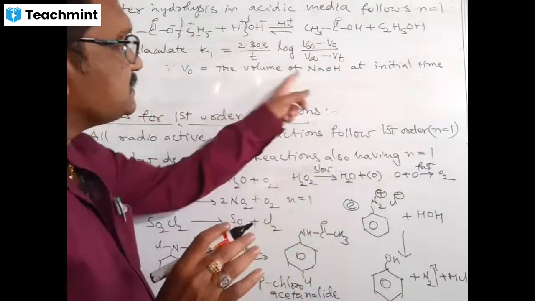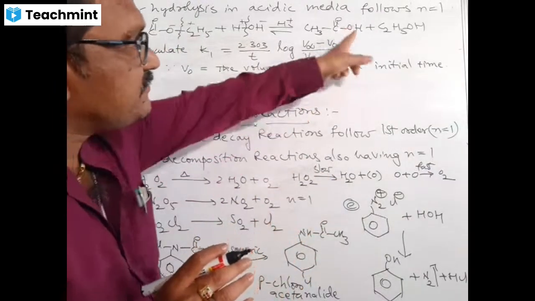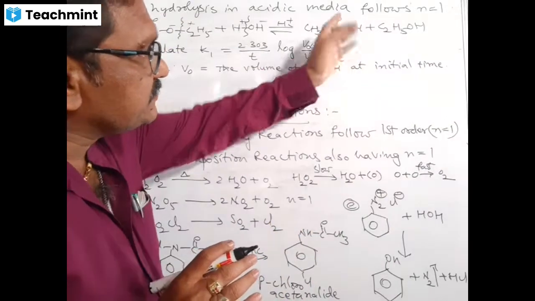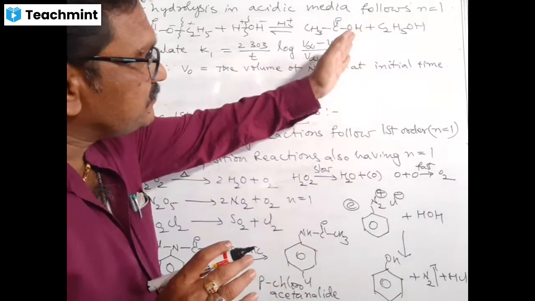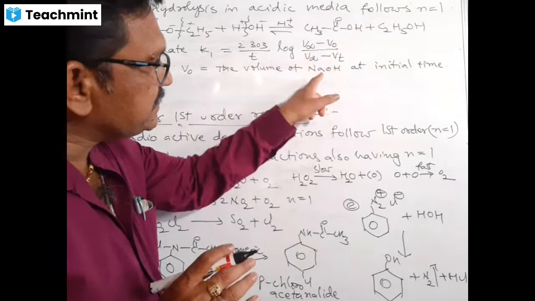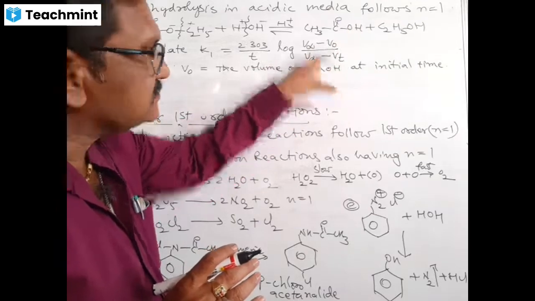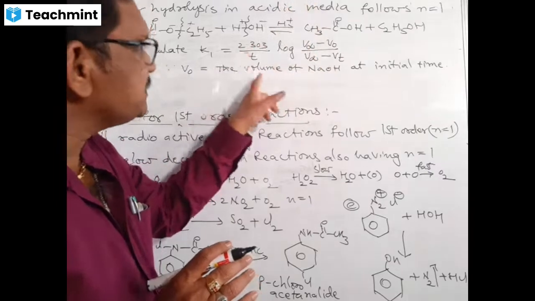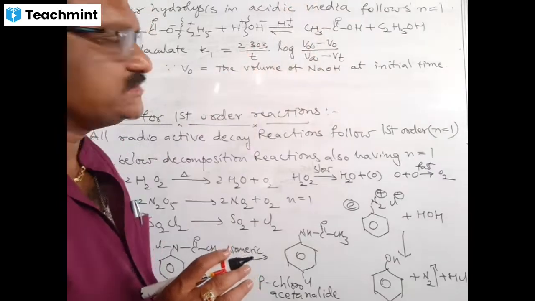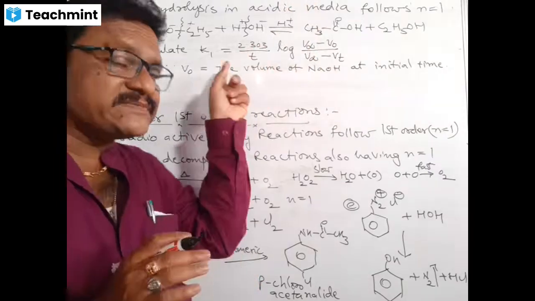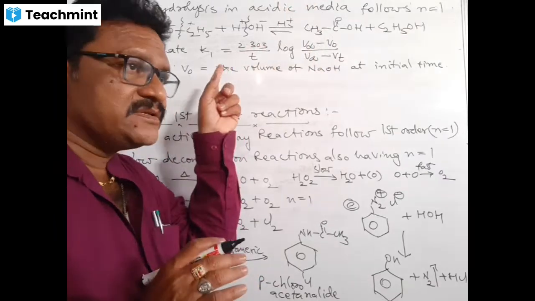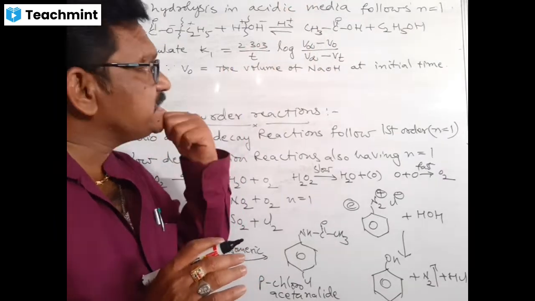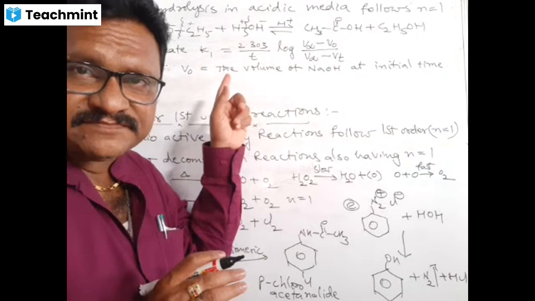Why are we considering the value of NaOH? Here the formation of acetic acid is estimated by doing volumetric titration with NaOH. That's why we consider the value of alkali. Actually, this is the experiment which we will be doing in BSc final year physical chemistry.